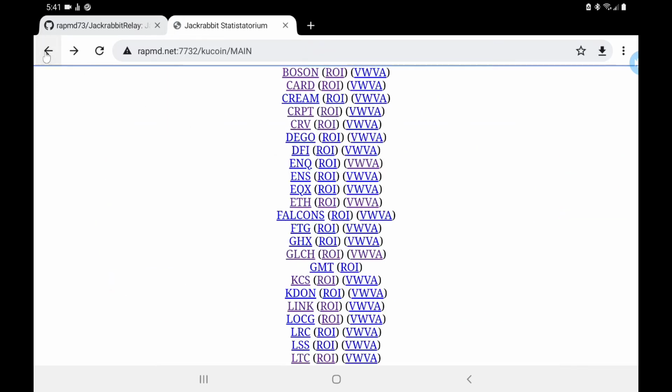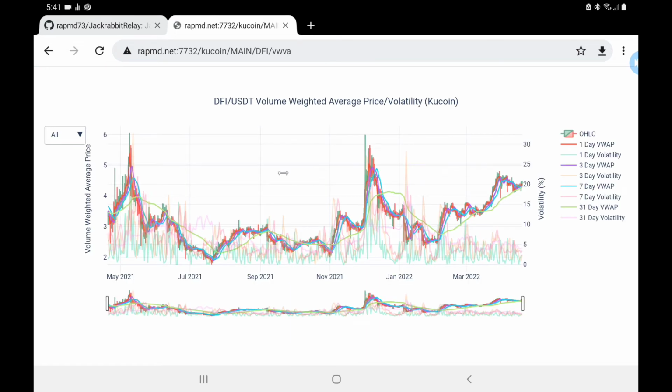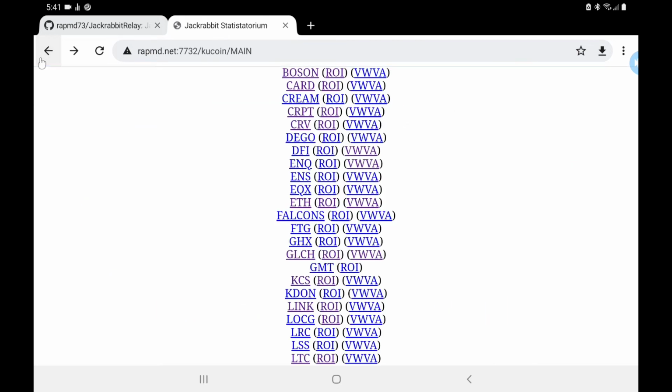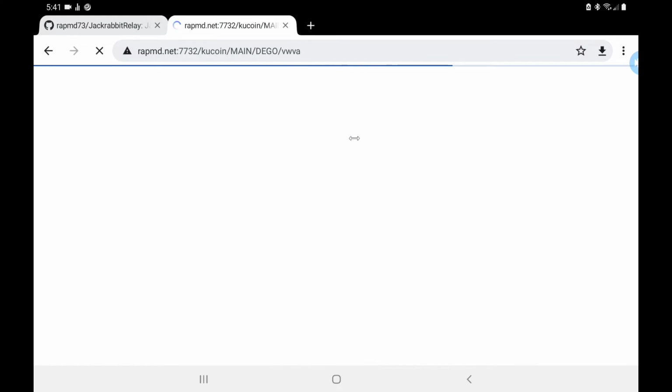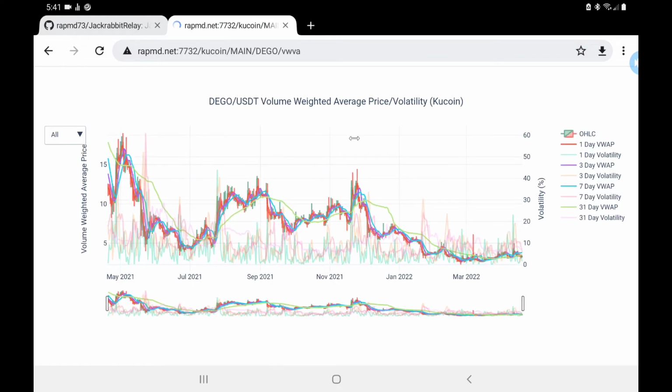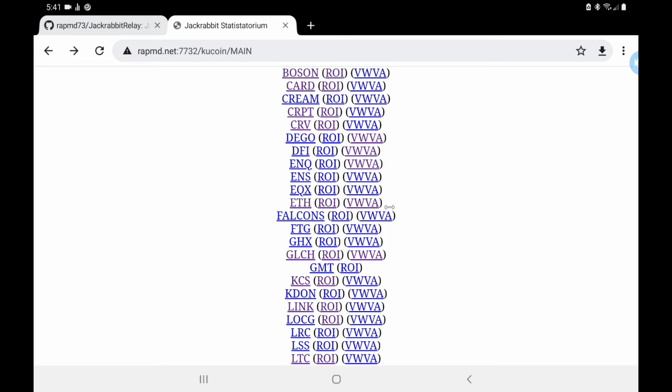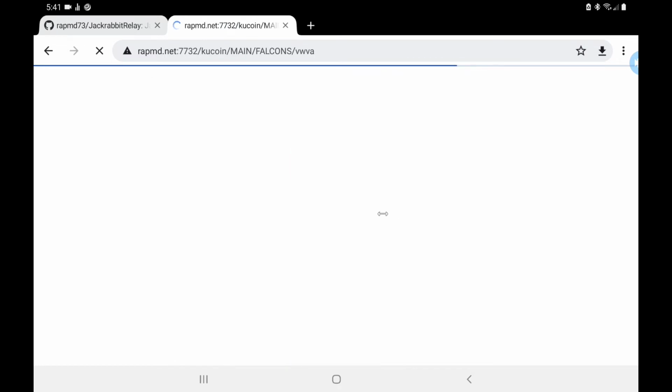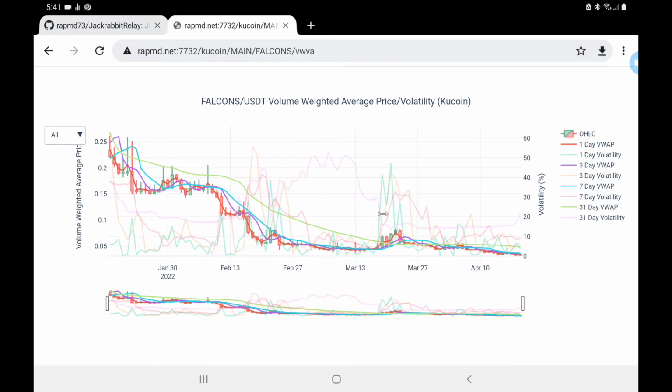Okay, let's see if I can find one that is not that old. Nope. Most things are almost a year old. Now, while I am trying to find a coin that is within the constraints of being under 1 year old, I do need to make mention that this process is heavy.